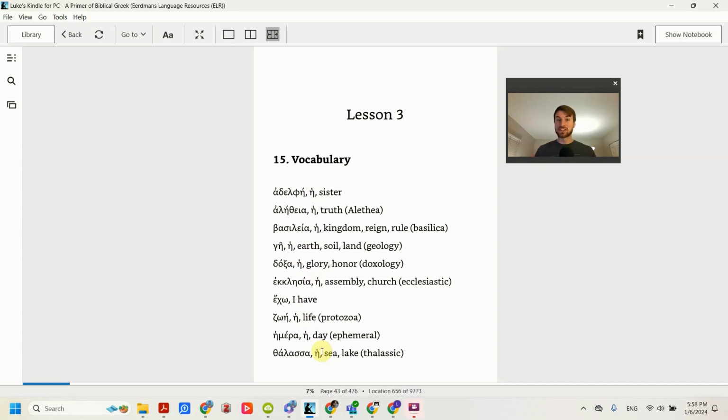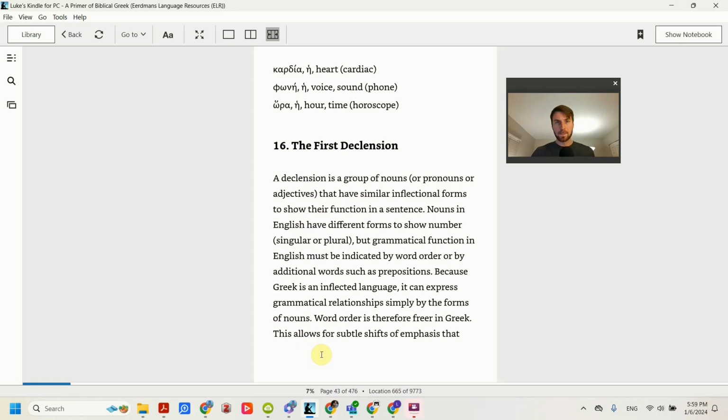Grammatical gender doesn't necessarily map on to the reality of things. It often does, like sister. But something like kingdom, there's no real gender of a kingdom. It just happens to be the way that the grammar uses it. But the gender tells you how it's formed, because first declension endings are going to be slightly different than second declension. So that's why knowing the gender is important.